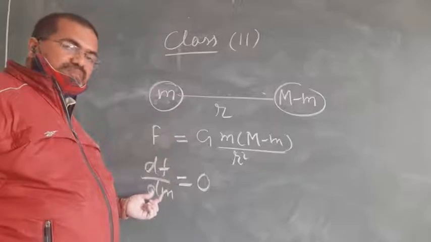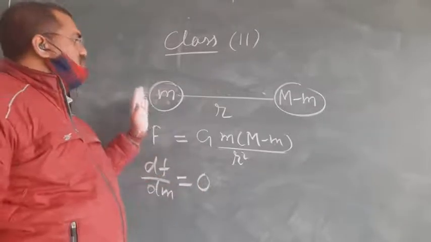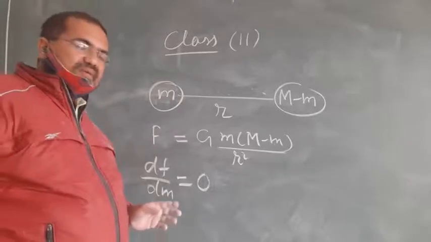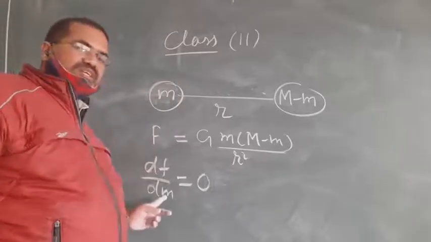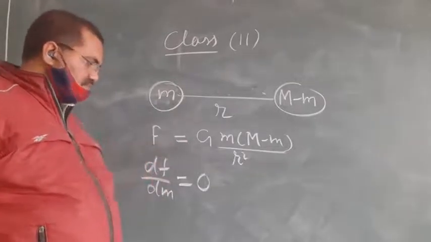Differentiation of force with respect to differential mass, because mass is split. So force will be maximum when we take differentiation of force with respect to mass. So this condition is applied here.